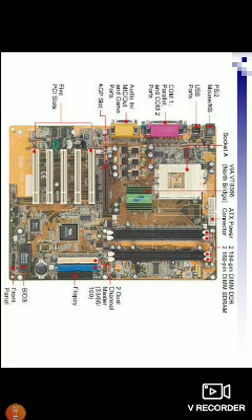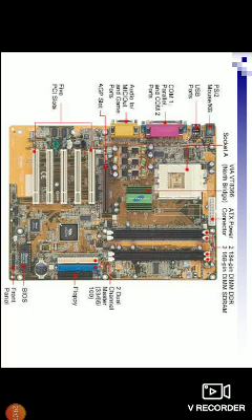So next one is the VIA VT north bridge. In the motherboard we have two types of bridges, one north bridge and another one south bridge. So next one is ATX power connector. It is a power connector.